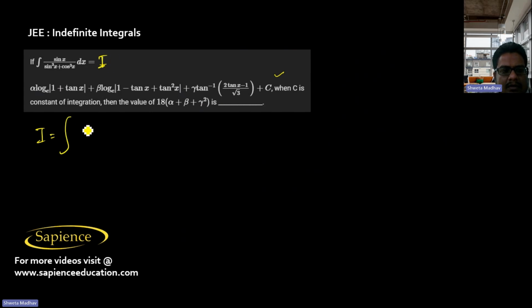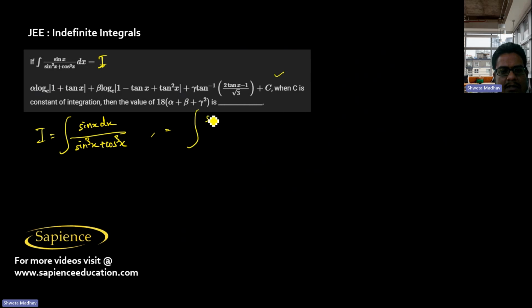So let us call this integral I. Then I will be equal to the integral of sin x dx by sin cube x plus cos cube x. Suppose we divide the numerator and the denominator by cos cube x.